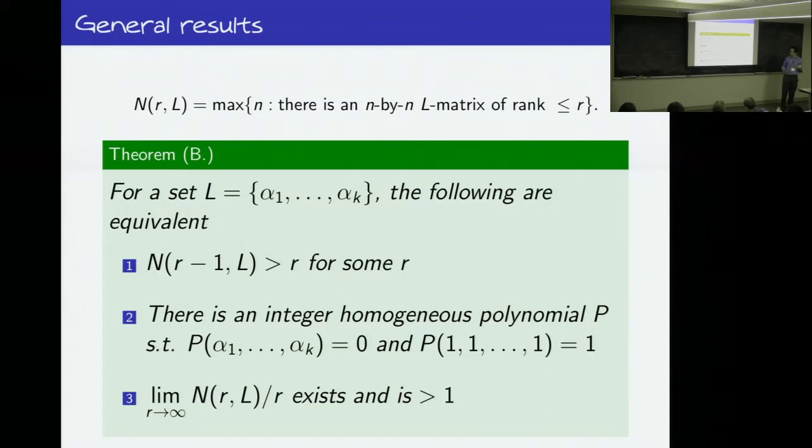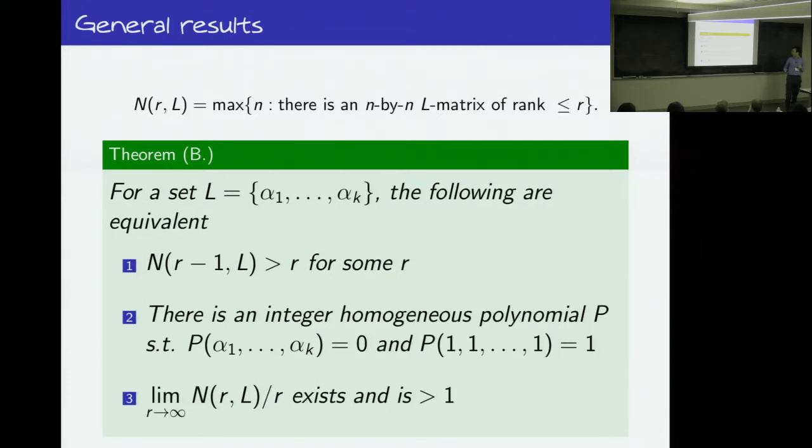It says that there exists a polynomial in k variables, with integer coefficients, which is homogeneous, so that if you plug in the entries of L for the variables, you get 0, and the sum of its coefficients is equal to 1. If you just plug in 1, 1, 1, you get 1.